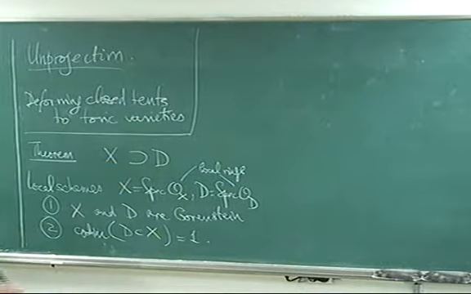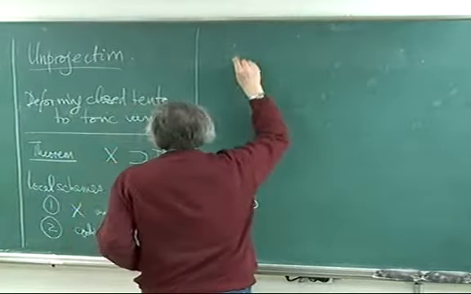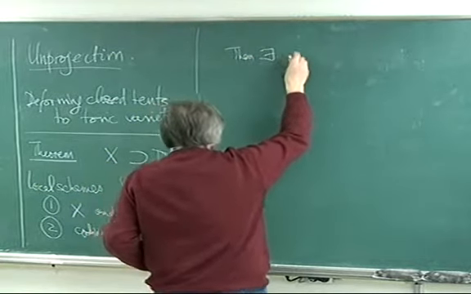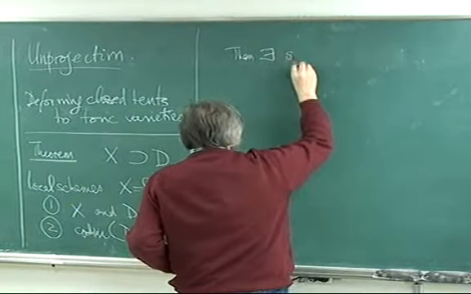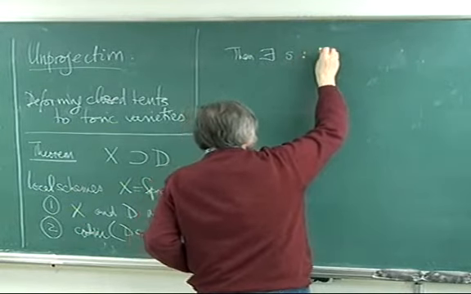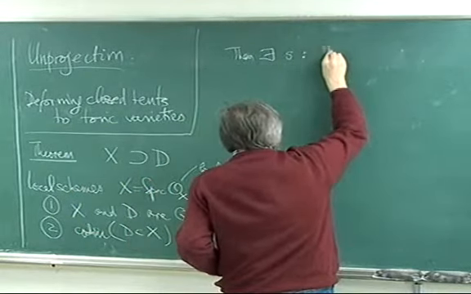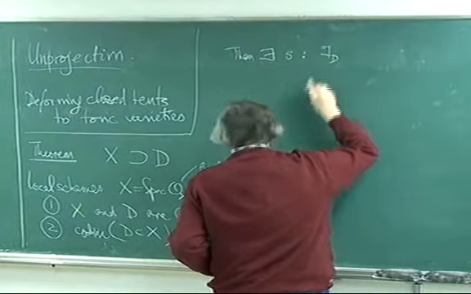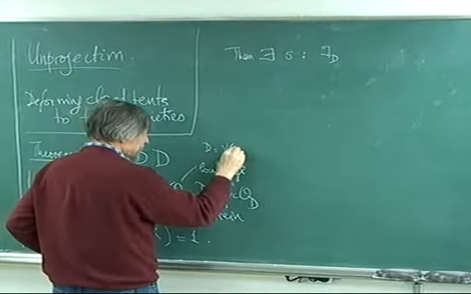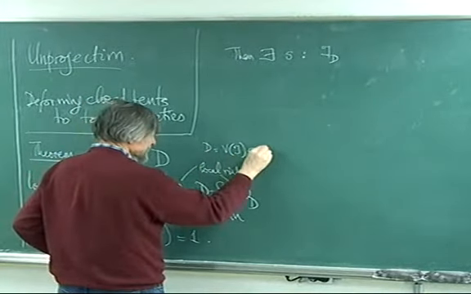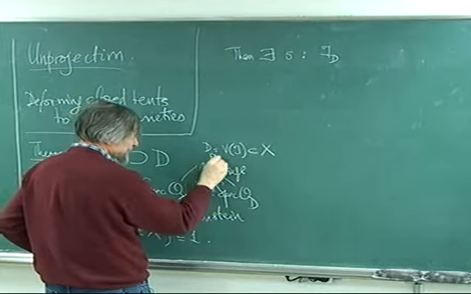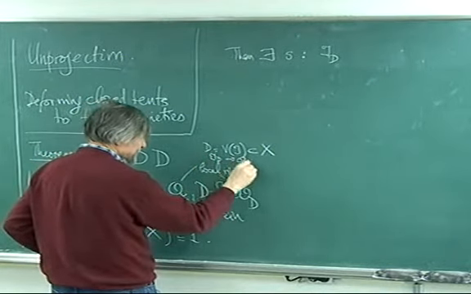Right. So the result is that there exists a single element S, which is a homomorphism from I_D, where D is V of I in X, or if you prefer, I_D goes to OX, goes to OD.